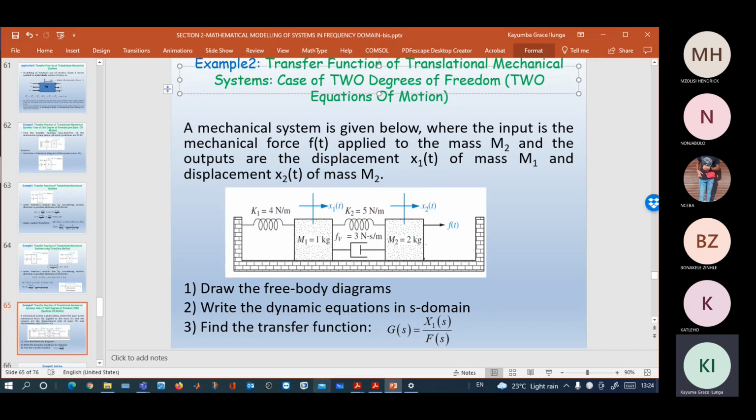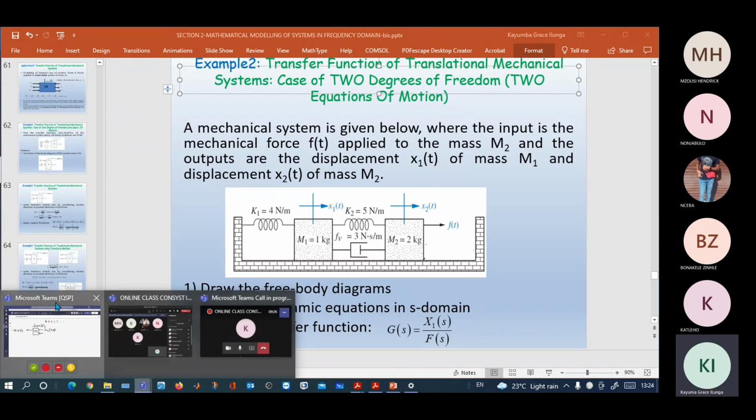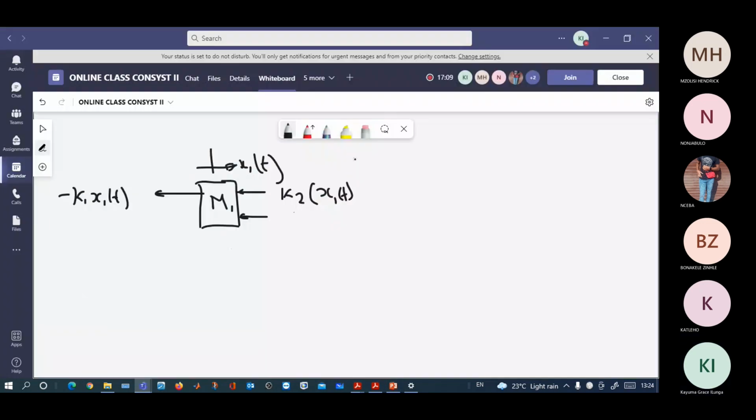So this now will be minus x2 of t. Then we can put the bracket.